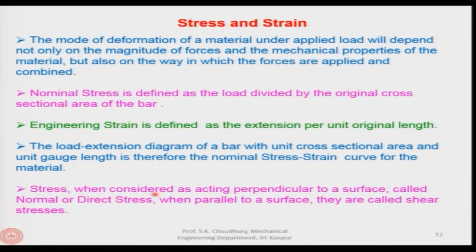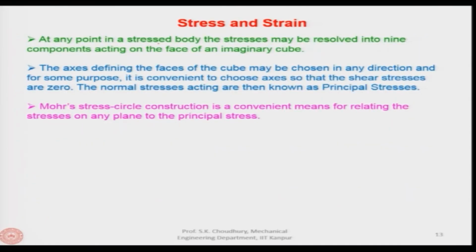The stress, when considered as acting perpendicular to a surface, is called the normal or direct stress, and when parallel to a surface it is called the shear stress. This we also know. At any point in a stressed body, the stresses may be resolved into 9 components acting on the faces of an imaginary cube.